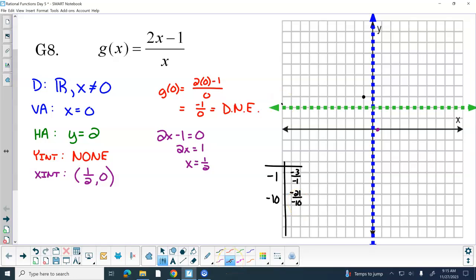So my left side of my graph comes in, goes up. Right side, I've already got 1 point there. So I could just go with +10. +10 is 20 minus 1 is 19, all over +10 is 1.9 there. And so we come in down here.